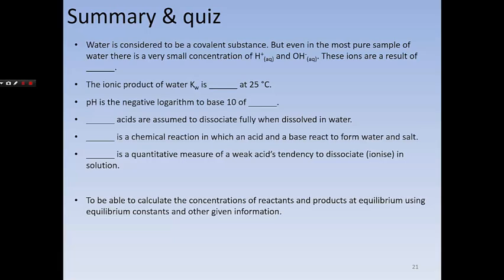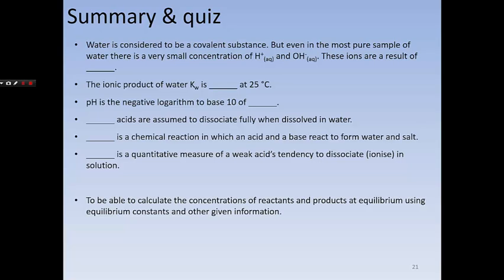So, this is all for this lecture. For summary, please pause here if you would like to think about these questions yourself first. The first one, water is considered to be a covalent substance, but even in the most pure sample of water, there is a very small concentration of hydrogen ions and hydroxide ions. These ions are a result of self-ionization. The second question, the ionic product of water Kw is 10 to the negative 14 at 25 degrees Celsius.